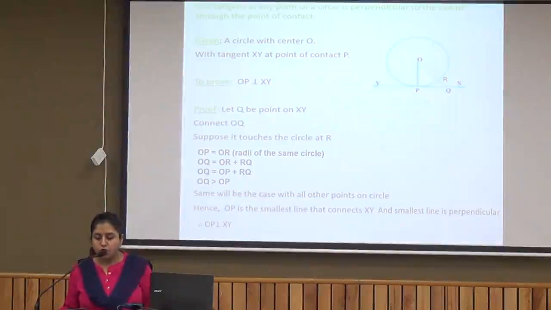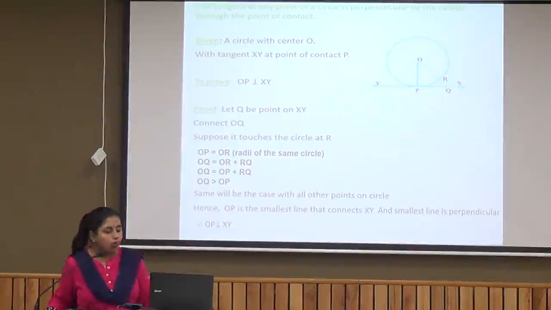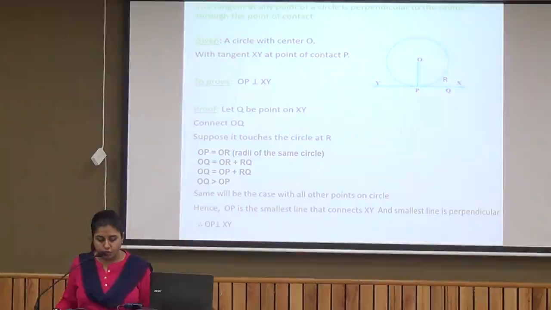Now OQ would be equal to OR plus RQ, as you can see. Now in place of OR we can also write OP. So OQ is equal to OP plus RQ. So from here we can generalize that OQ is greater than OP.